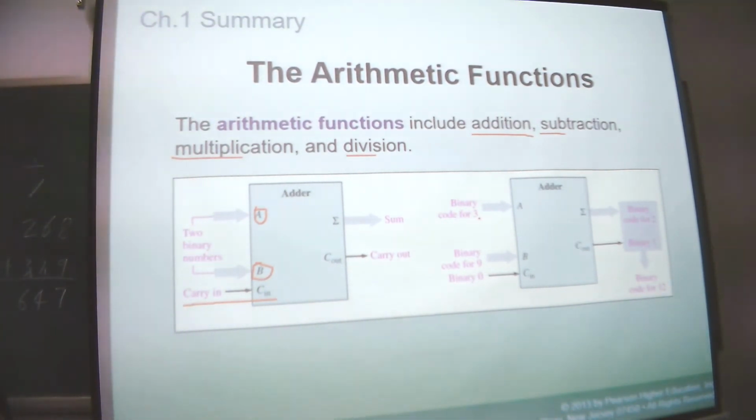For example, if A equals 3, B equals 9, and C in equals 0, then this symbol represents the sum, and this symbol represents C out, the carry out.